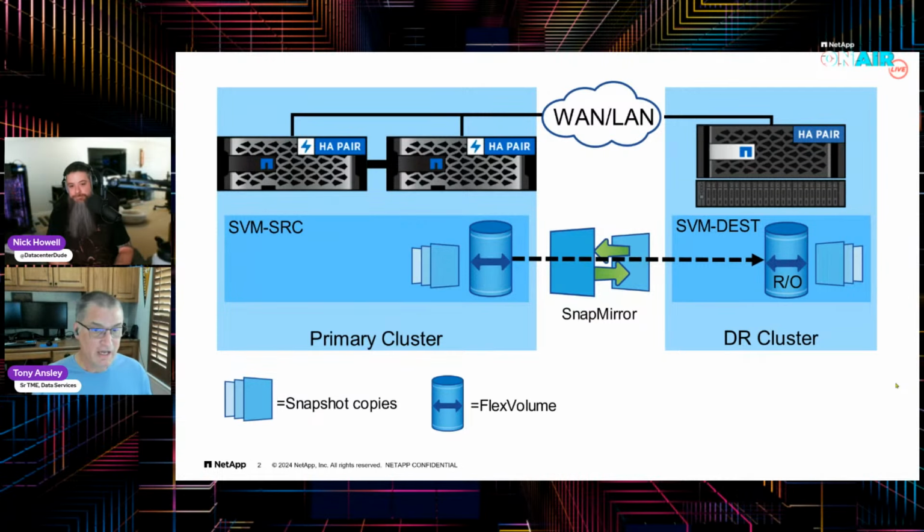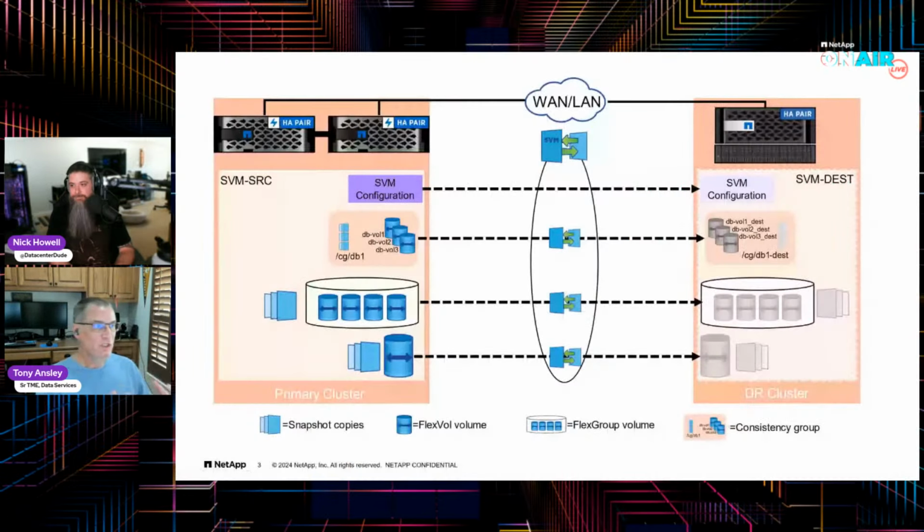And that's really the next slide. Not only can we protect the objects within the storage virtual machine, but we can replicate and protect the storage virtual machine's identity, its IP addresses, its CIFS and NFS exports, its CIFS share definitions, its access control lists, everything that allows us to create a NAS server in this SVM.